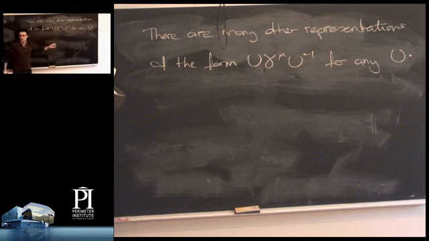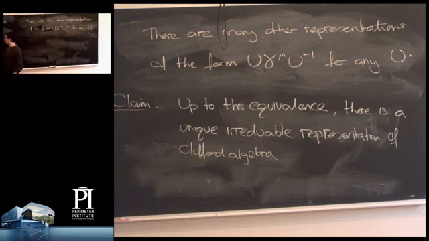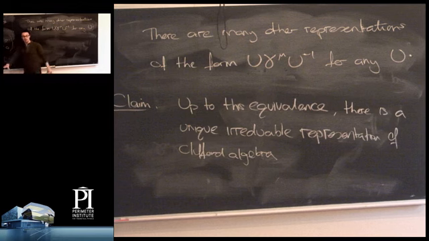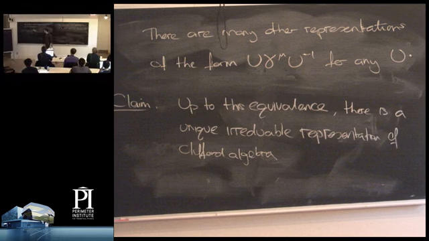Irreducible here means that if you find a representation, you can't split it up into diagonal blocks. For example, there's an obvious 8 by 8 representation that has all these in the top left corner and then these again in the bottom right corner. That also obeys the Clifford algebra, but it's called reducible because it's constructed from this, so it's not interesting.